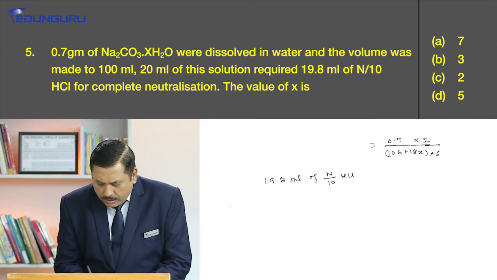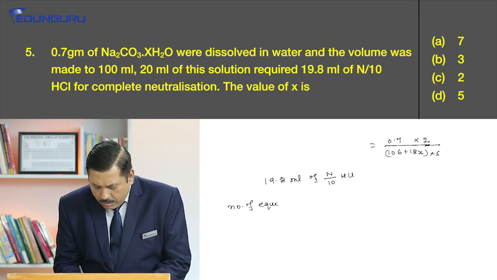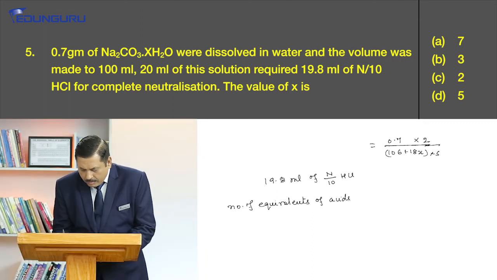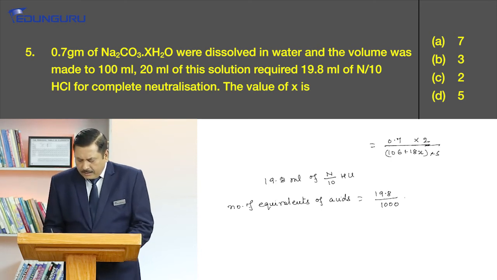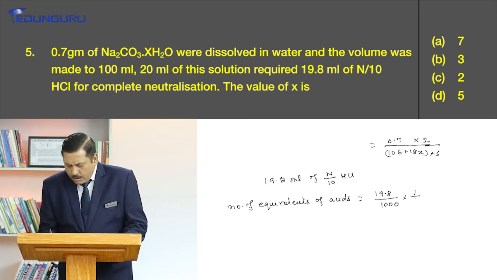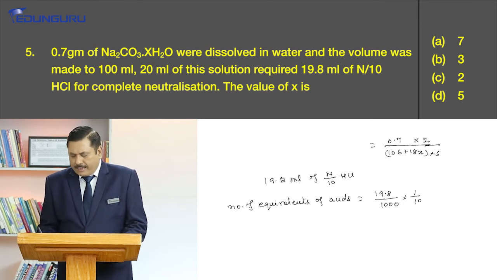And what is the number of equivalents of acid? It is equal to 19.8 upon 1000, this is the volume of solution in liters, into 1 by 10, this is the normality.